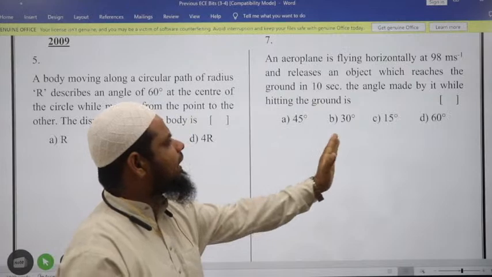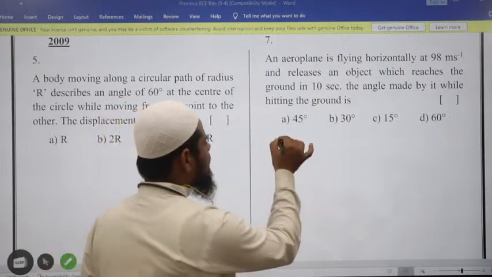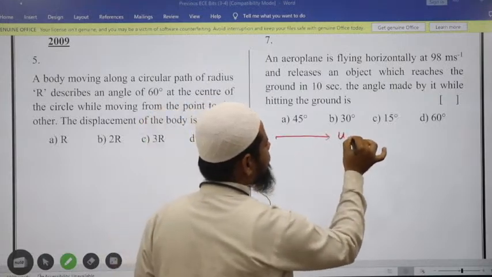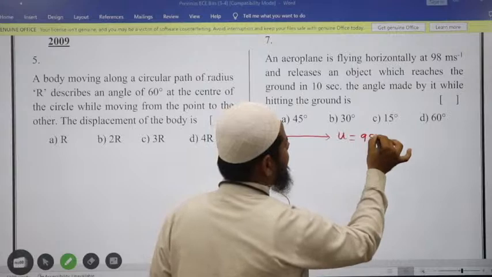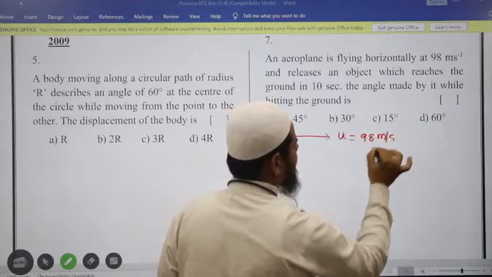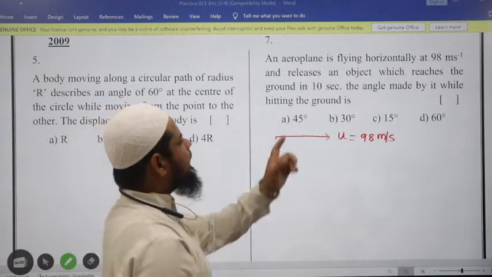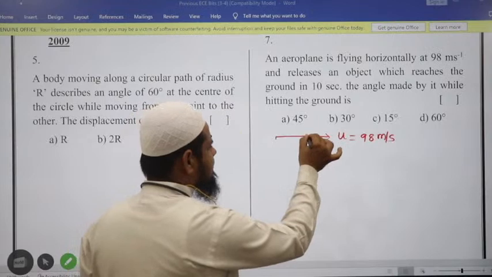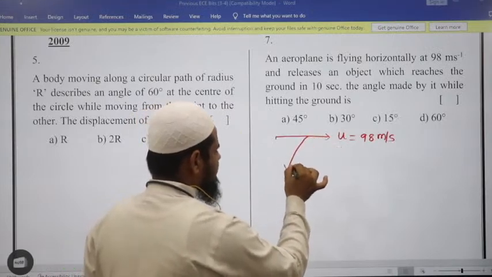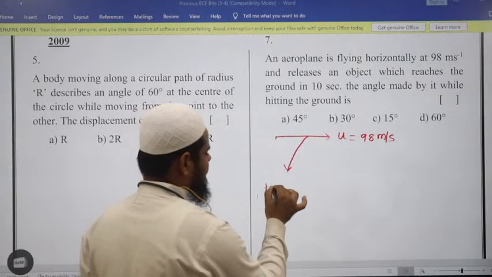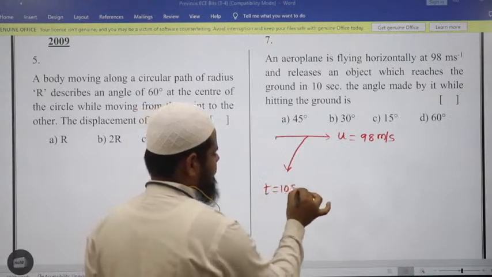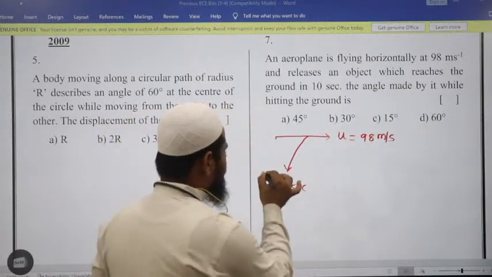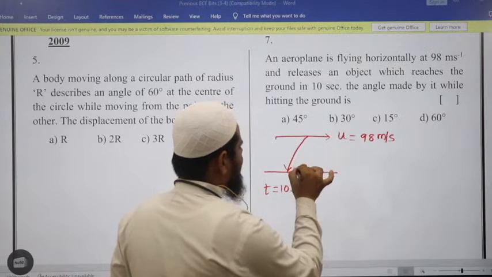An aeroplane flying horizontally with a velocity of 98 meter per second, and it releases an object which reaches the ground in a time of 10 seconds. While hitting the ground, what is the angle made by it?